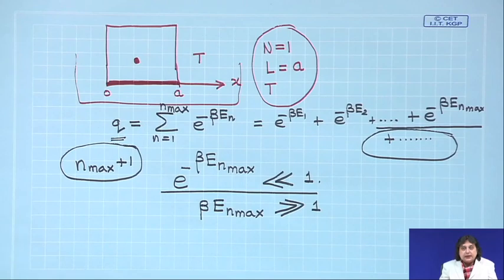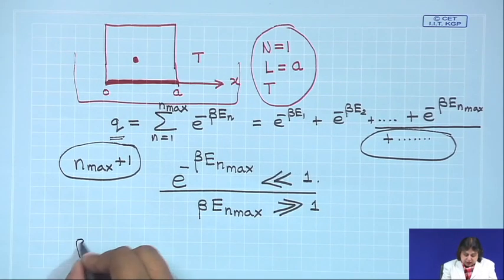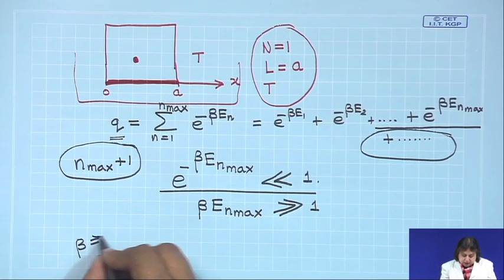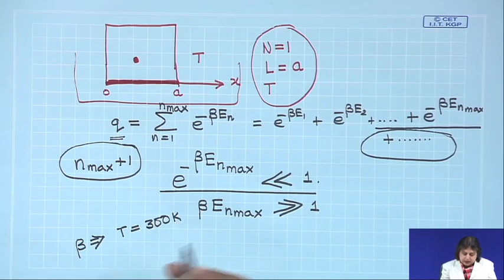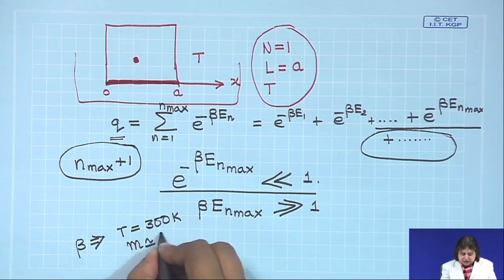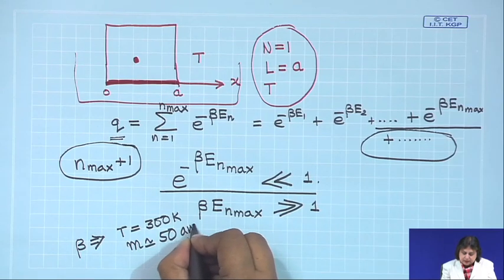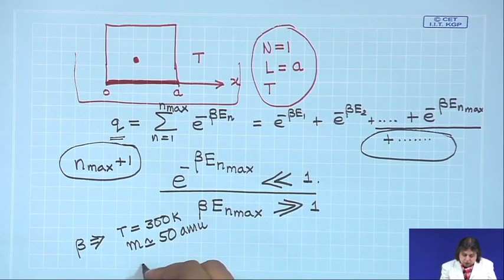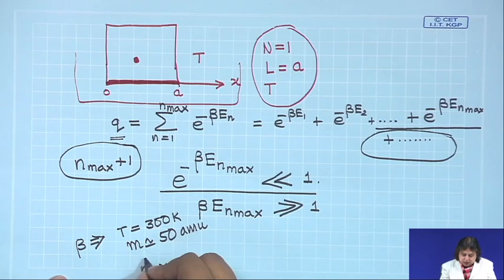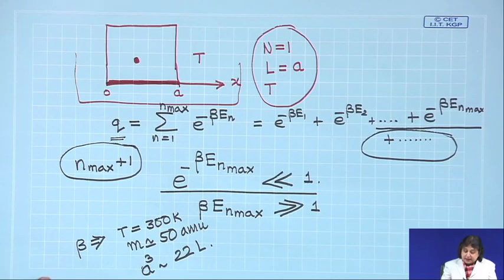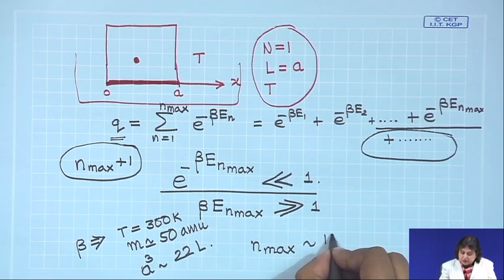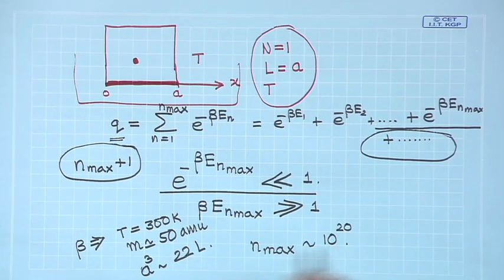Actually, if you look at what the possible values are, for example, say beta corresponding to a temperature of 300 Kelvin, mass of about 50 AMU, and if A cubed is roughly about 22 liters, you will find that this n max value is going to be roughly of the order of 10 to the power of 20.